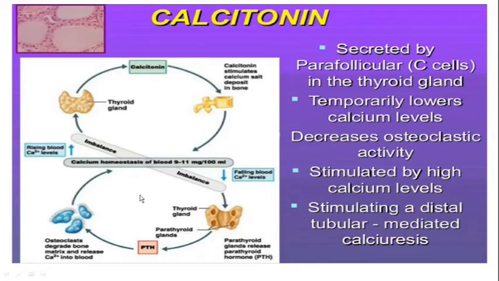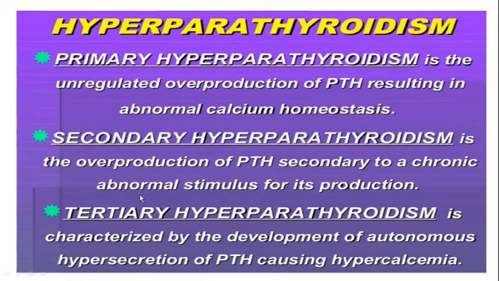In the blood. So hyperparathyroidism can be classified under primary hyperparathyroidism, as we have seen in all the endocrinology disorders. Then you can have secondary hyperparathyroidism, and tertiary hyperparathyroidism. Primary is the unregulated overproduction of PTH, which can be autonomously generated PTH through adenomas or cancers.